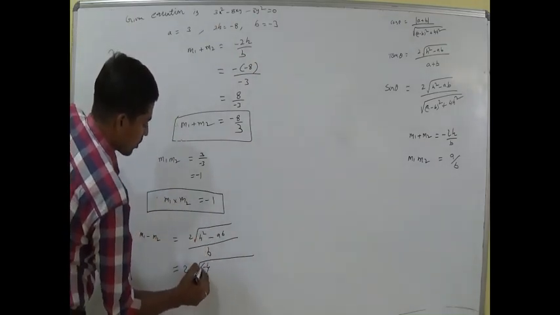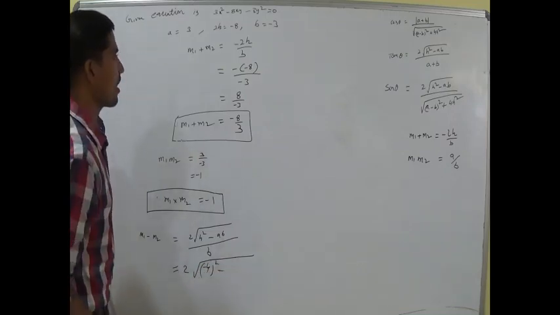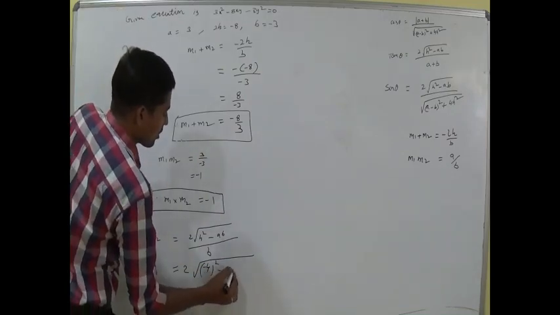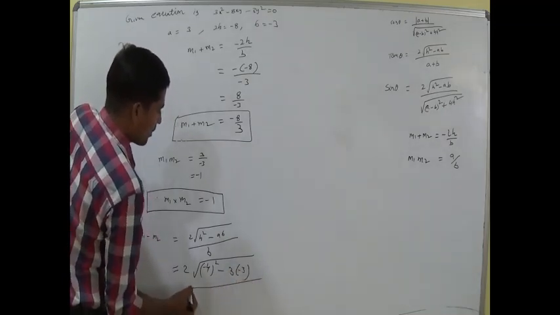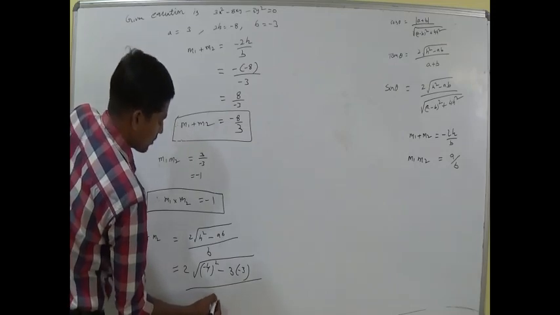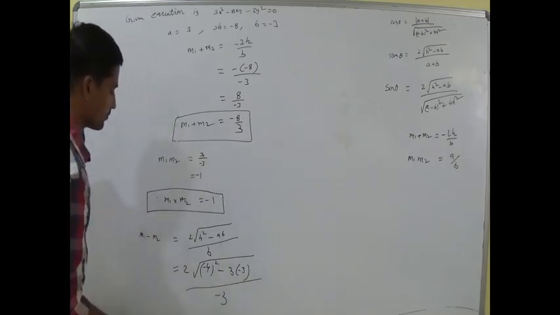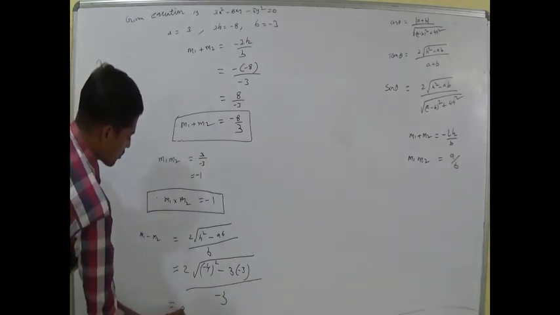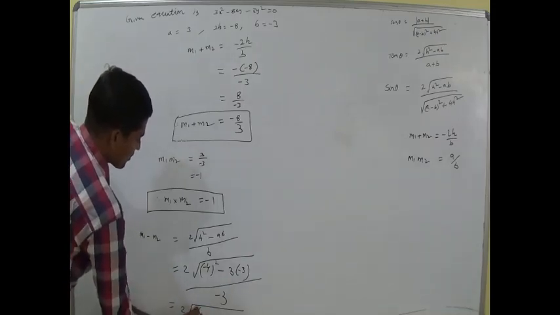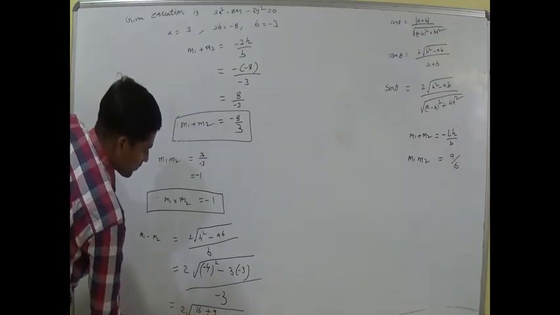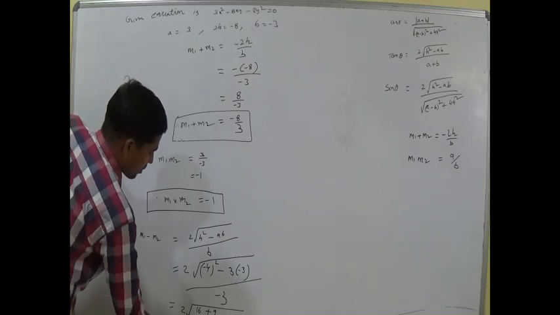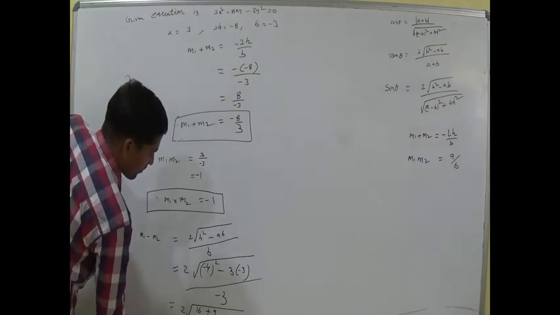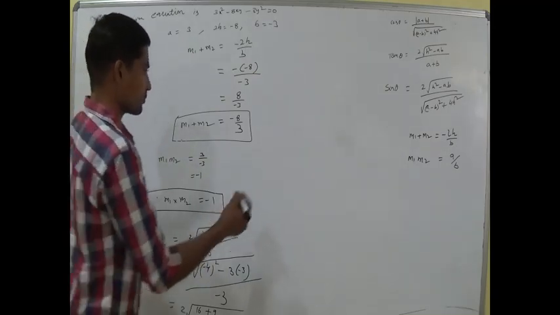Minus 4 whole square minus ab, where ab is 3 into minus 3, by b, where b is equal to minus 3, which is equal to 2 square root of 16 plus 9 by minus 3, which is equal to 2 square root of 25 by minus 3.